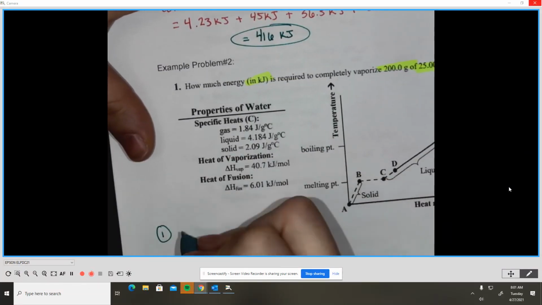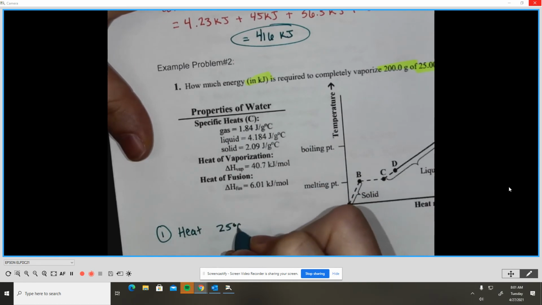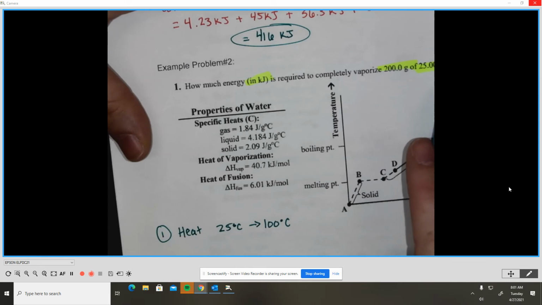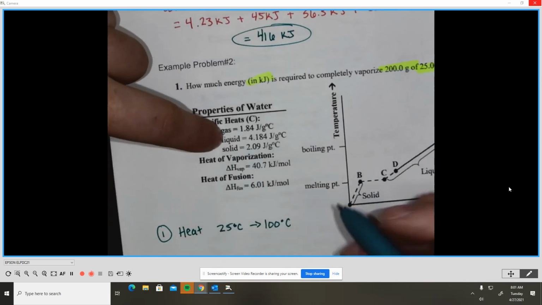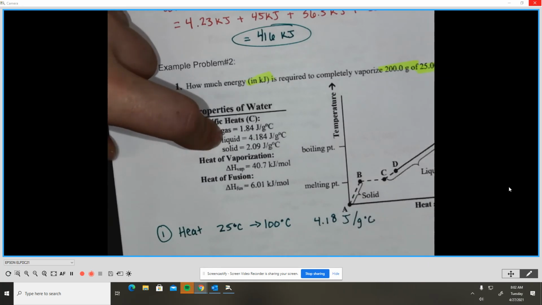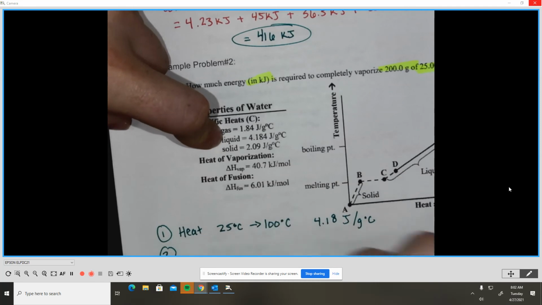We need to heat our liquid water. So we're going to heat it from 25 degrees Celsius to 100 degrees Celsius. We're working with liquid water, so we're going to use the specific heat of liquid water, which is 4.18 joules per gram degree Celsius.